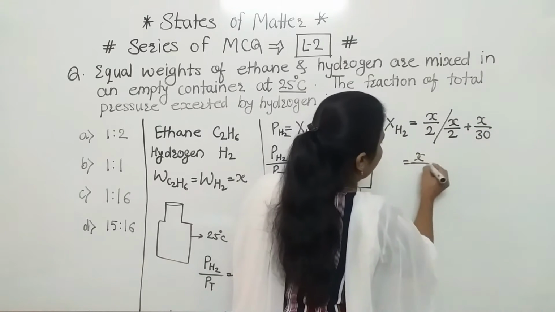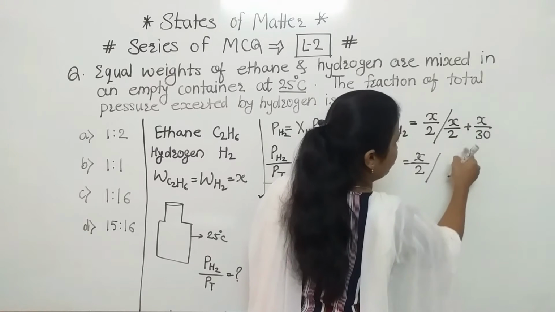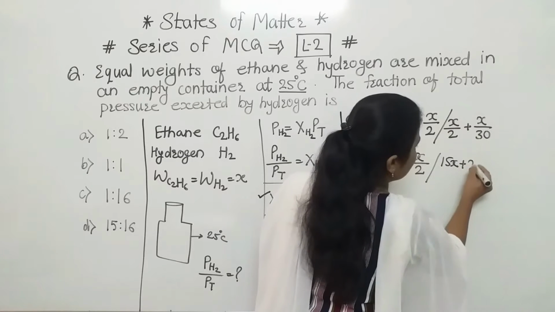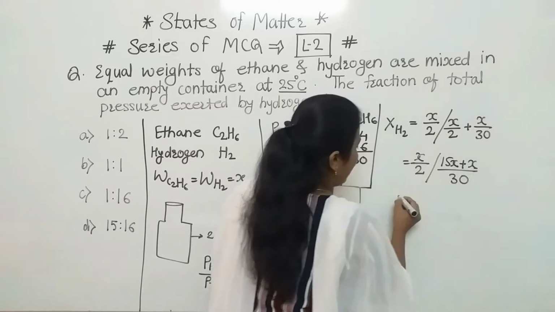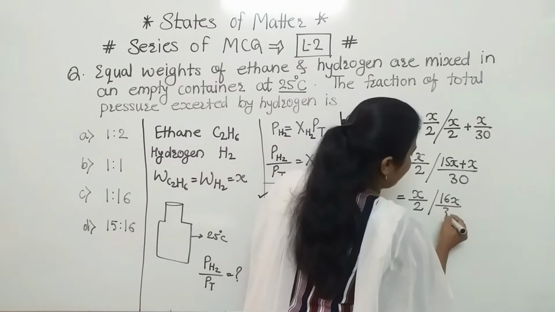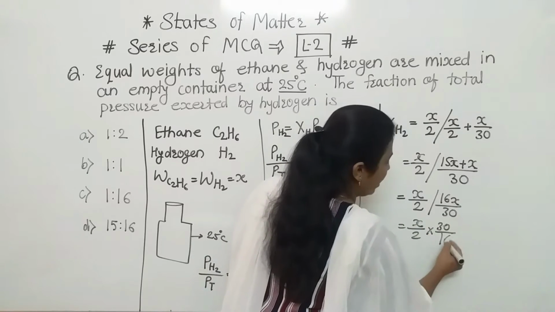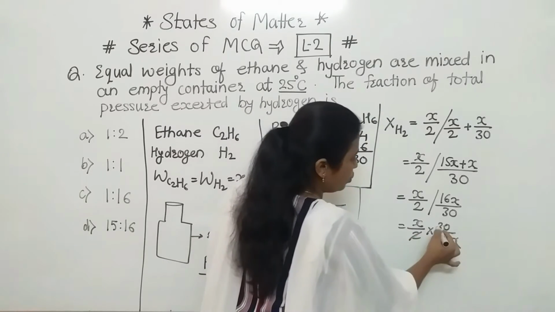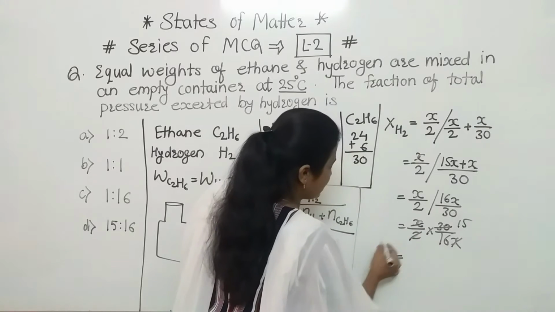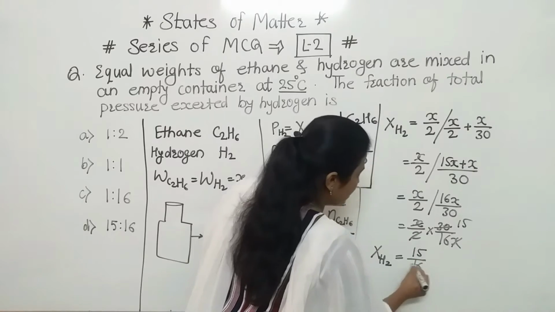We have to make the base the same for addition, so it is x by 2 divided by (15x plus x) divided by 30, that is x by 2 divided by 16x by 30, and finally x by 2 into 30 divided by 16x. 2 15s are 30, so x gets cancelled and XH2 is equal to 15 by 16.